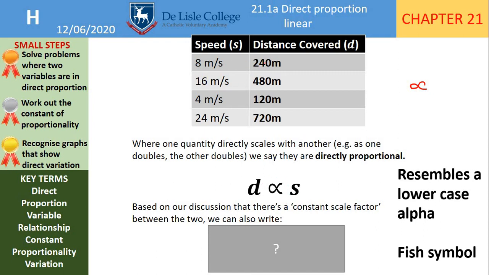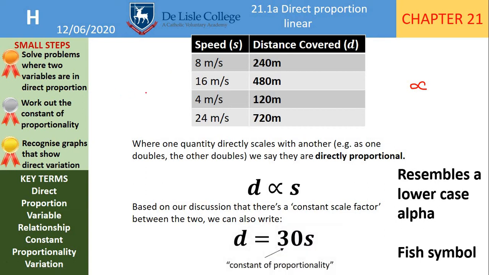So because the speed and the distance varied, as one increased so did the other, they're directly proportional, so we can write straight away that the distance is directly proportional to the speed, and this is how we write it. Based on our discussion that there's a constant scale factor between the two, and remember that constant scale factor was 30, we can actually write this as a formula.